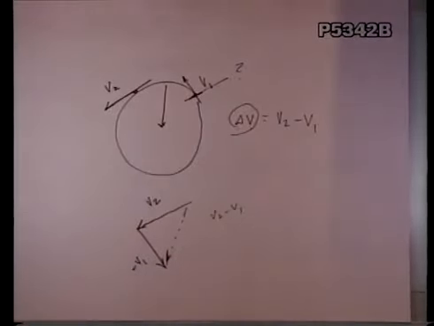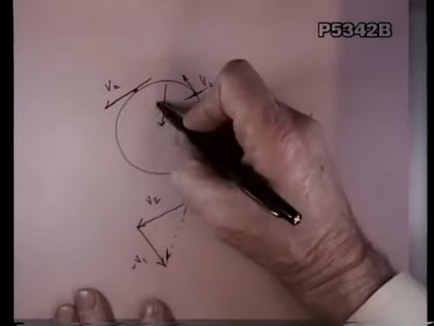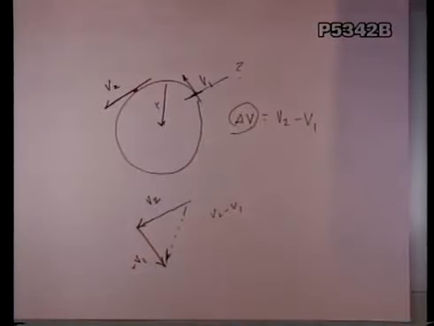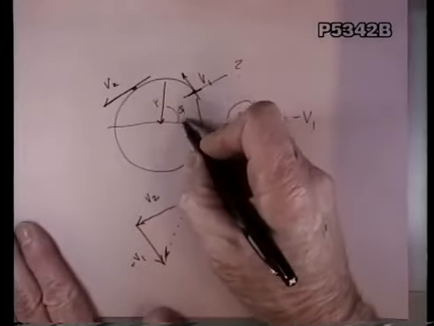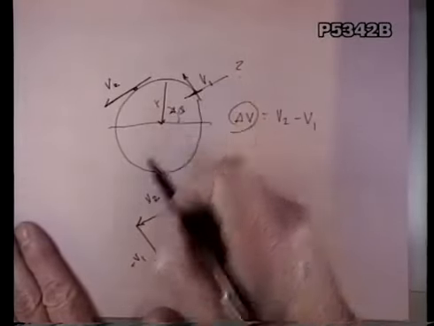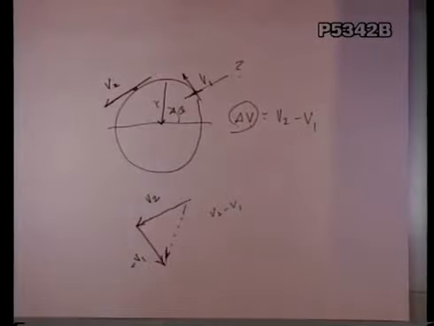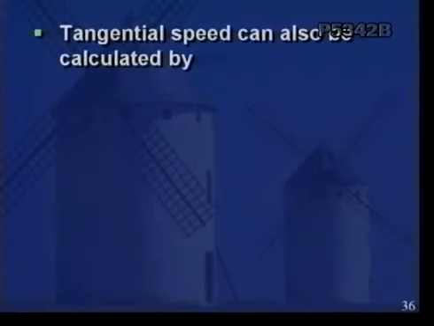We can actually calculate that if we know the radius of the object and the rate at which the angle is changing, or we know delta theta. We can calculate the tangential velocity, or the tangential speed in this case, by using the equation Vt is equal to r omega.